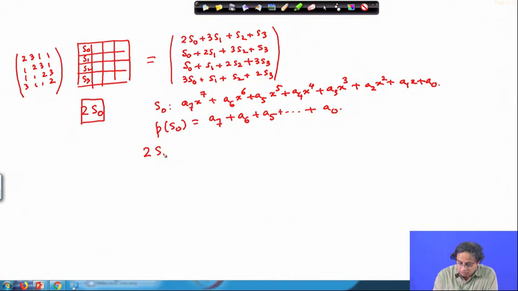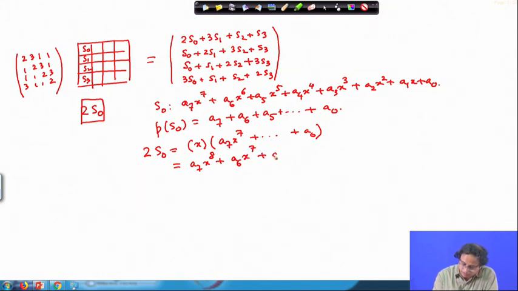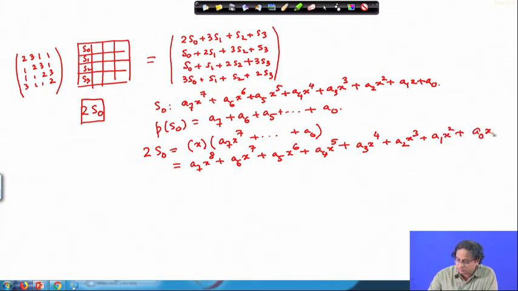Now if I calculate 2 into S0, in polynomial notation this is x multiplied with A7 x to the power of 7 plus so on till A0. So I will have A7 x to the power of 8 plus A6 x to the power of 7 plus A5 x to the power of 6 plus A4 x to the power of 5 plus A3 x to the power of 4 plus A2 x cube plus A1 x square plus A0 x.